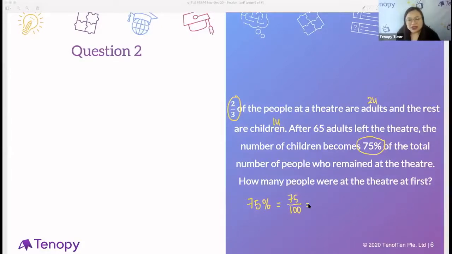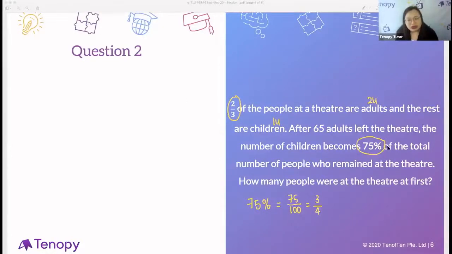And you convert this into simplest form. Therefore, we can get it as 3/4. So when I deal with questions that use percentage, the first thing I do is always change it to fraction, because I find that dealing with units is much easier than dealing with a combination of fractions and percentage. So it's neater and it's easier to do comparison.